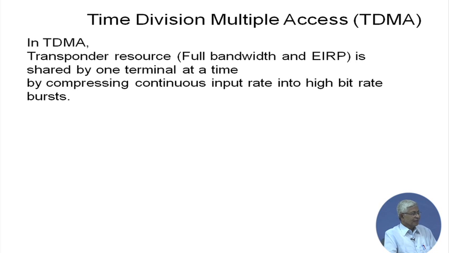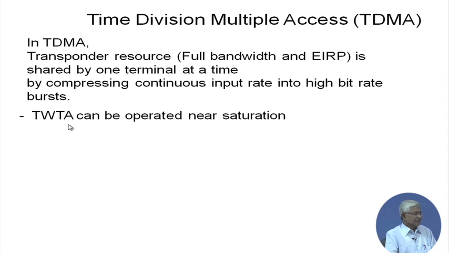The other 11 stations have to hold the voice, and whenever their turn comes they have to transmit. This can be done by compressing the continuous input into a high bit rate burst. If continuous inputs are coming, you can compress them into a high bit rate, and in one bit period you can allot time to each of them.